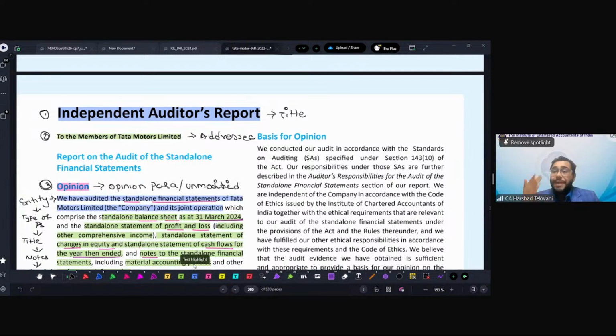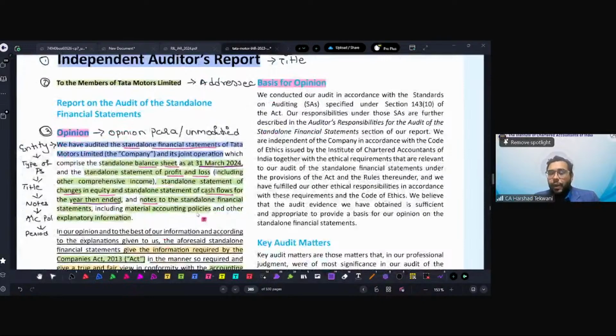It means on what basis we are saying that it is an unmodified opinion. What we have done to say that this is an unmodified opinion is something you are required to mention in your basis of opinion paragraph. Now first let's read the paragraph and then we will compare it with the requirements.